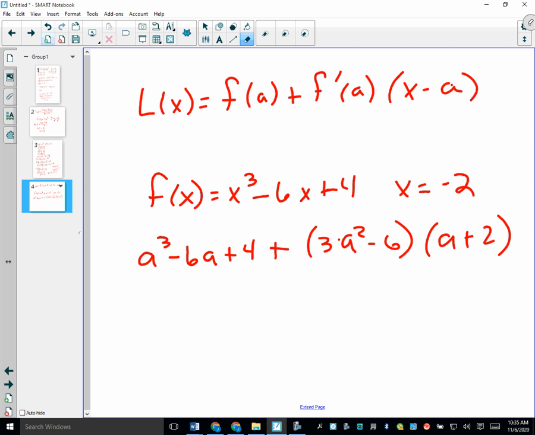I haven't done linearization in weeks. Probably more than that. So why is it a plus 2 and not a negative 2 minus a?